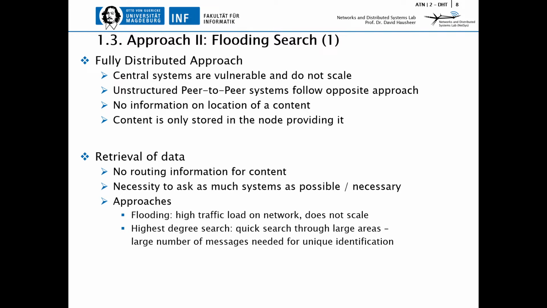A better approach is to do a highest degree search. So in this case, large areas are quickly searched through, and that can then optimize the amount of traffic load that is necessary to quickly find an answer to a particular query.